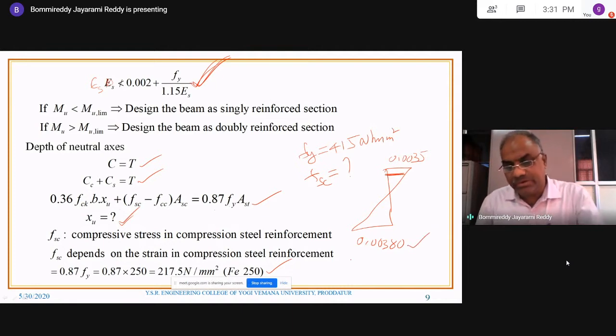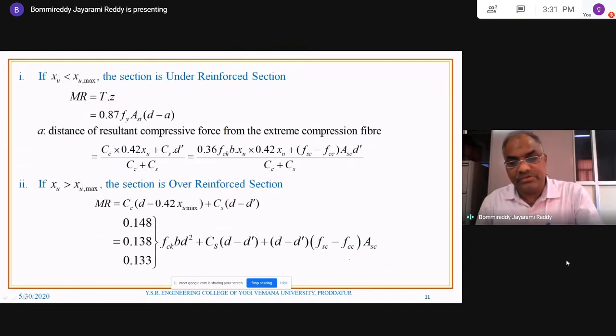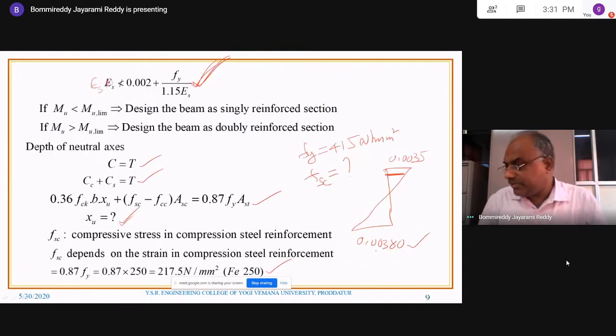That is shown in this fashion. In this case, we are using 415. But here, at the top itself it is 0.0035 and slightly lower, this strain will be less. Accordingly, the stress is not 415, it is also less than that value.